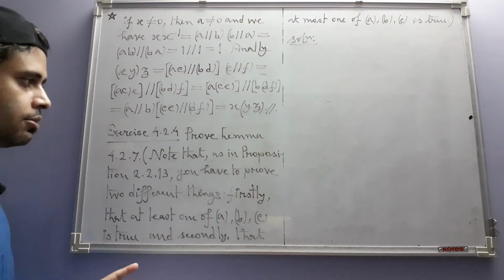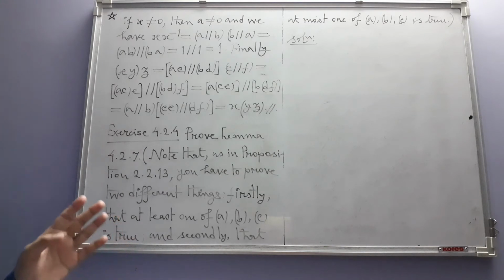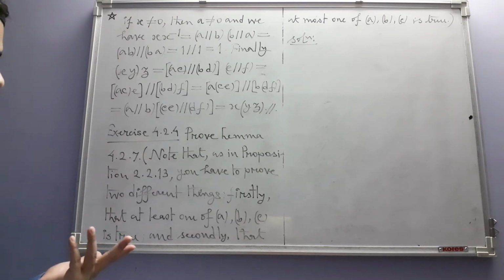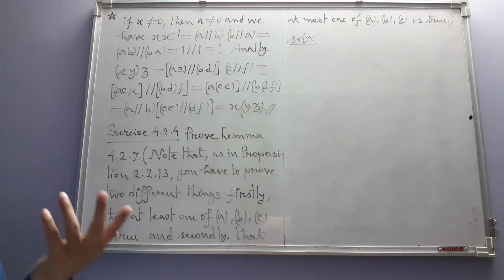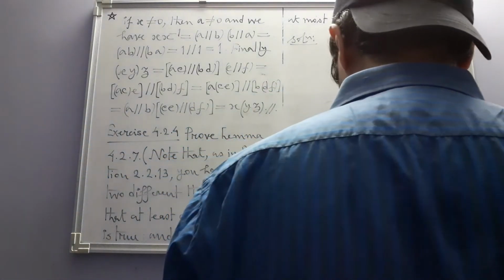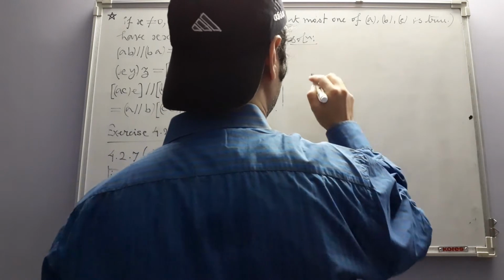Now in proving this one, we are going to directly use the fact that we already have trichotomy of integers, and rational numbers have been defined in terms of integers. So that's what we are going to use. So the solution goes like this.